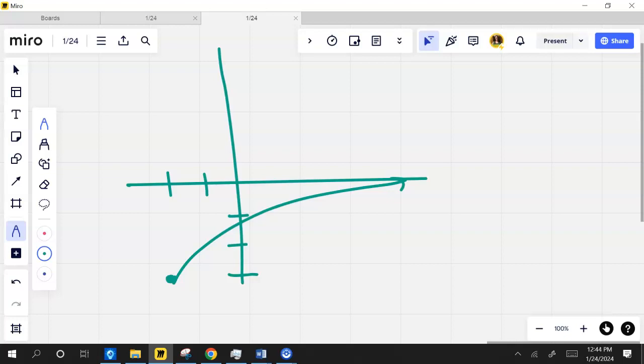But for this one, what's the domain? -2 to infinity. Do I need a bracket or a parenthesis? And then the range, there you go, -3 up to infinity.